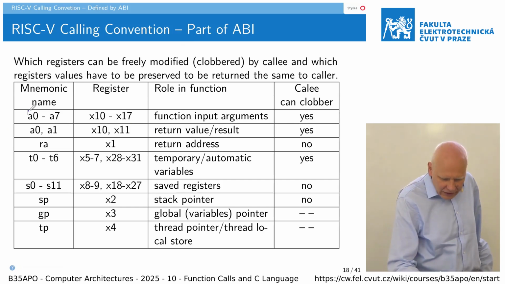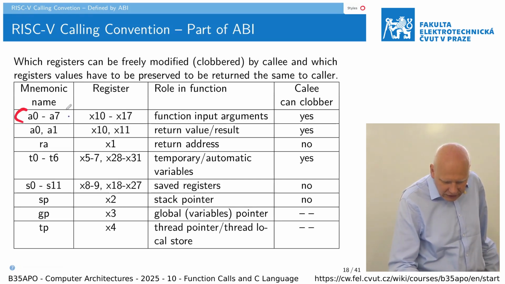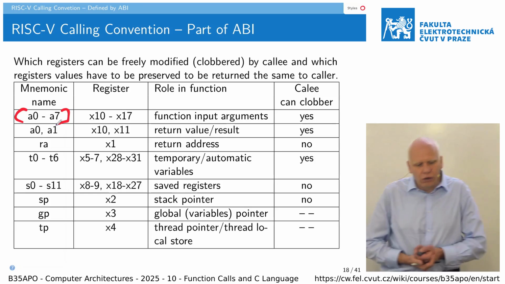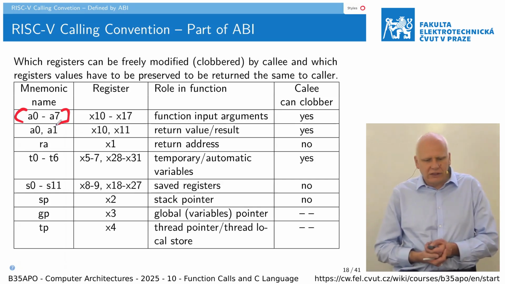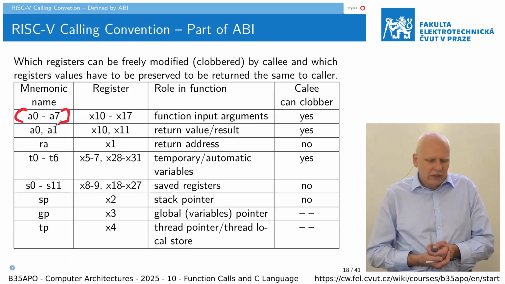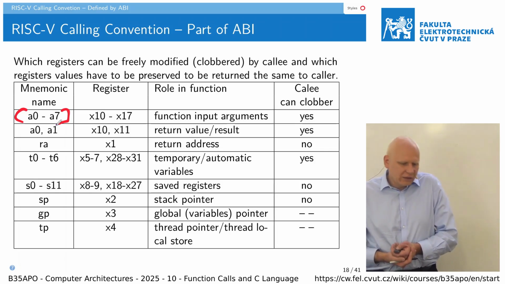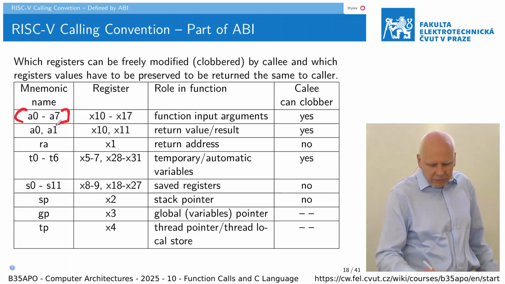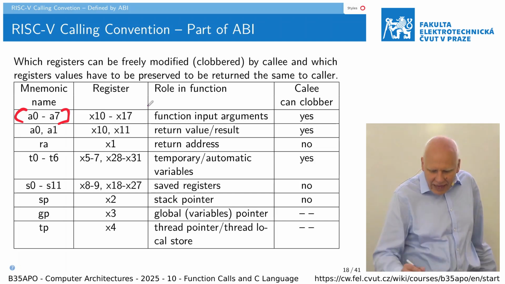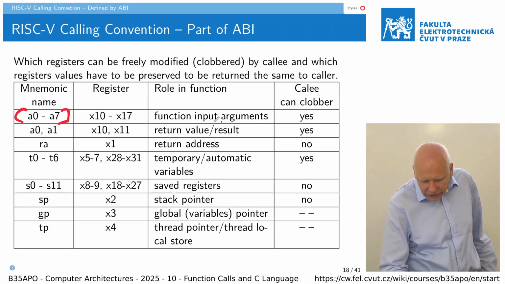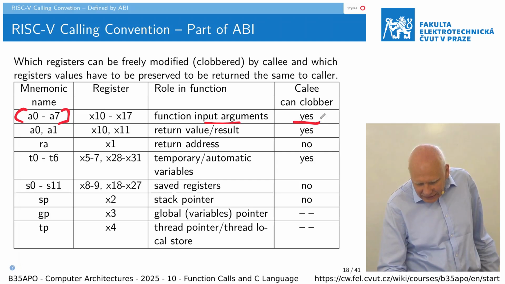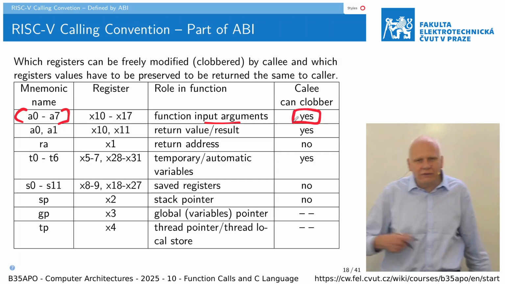So basically, there are those argument registers. There are quite a lot of argument registers reserved in the ABI of RISC-V. So up to 8 32-bit values can be passed through the registers, and those are input arguments, and it is allowed to do what you want with them in the function.